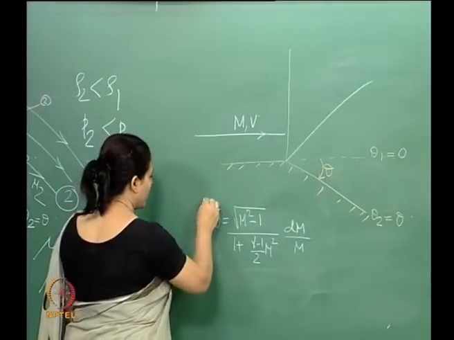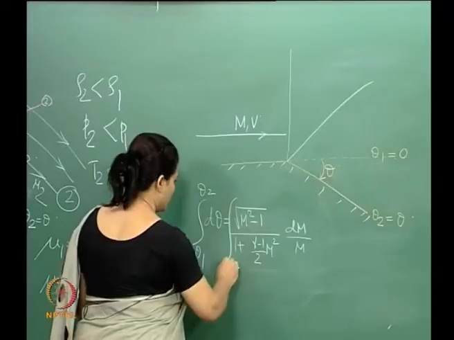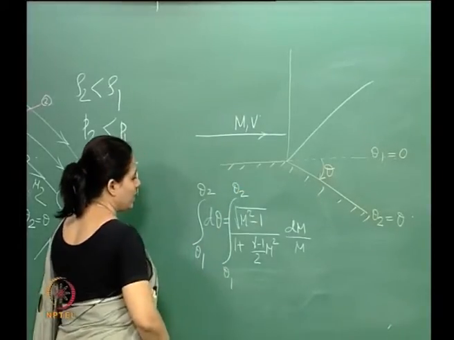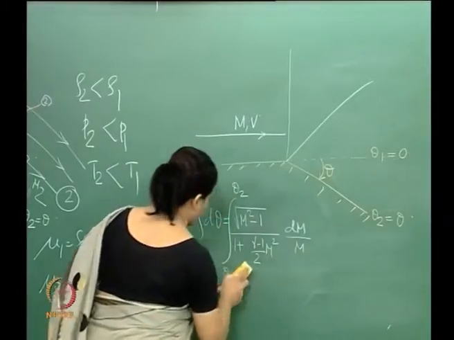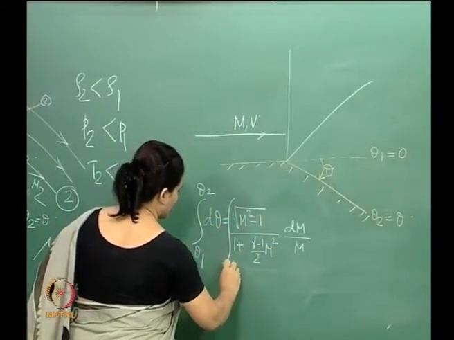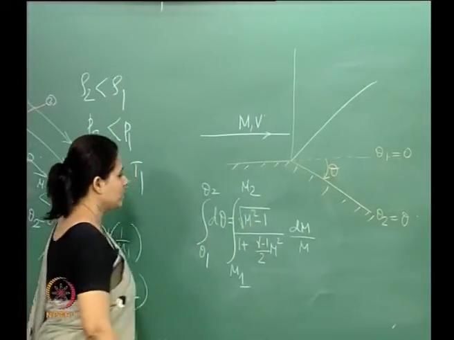Okay. So, if I integrate this from theta 1 to theta 2, it basically goes from M1 to M2.